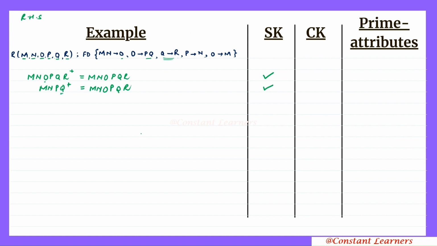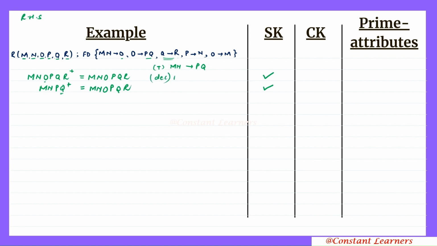But will this be a candidate key? Let's check. See, if MN is determining O and O is determining PQ, then as per the transitivity rule, can we say that MN determines PQ? Yes, MN determines O and O determines PQ. That means MN determines PQ. Then we can decompose these, right?